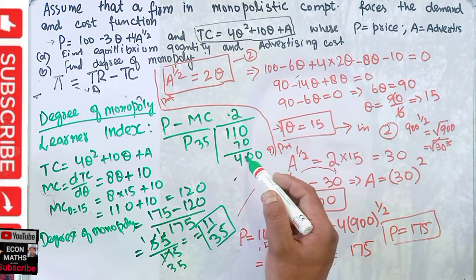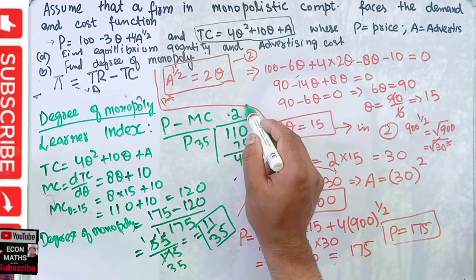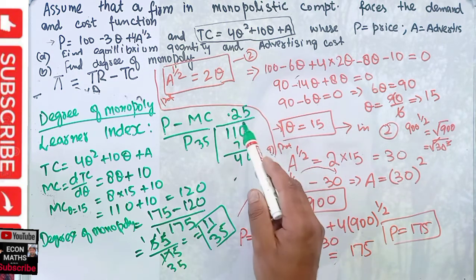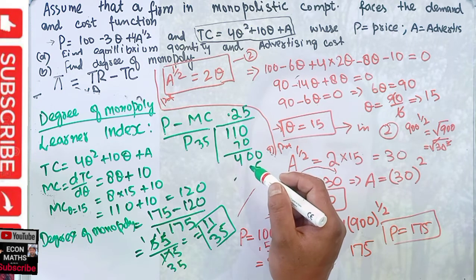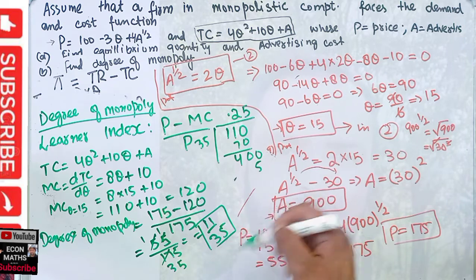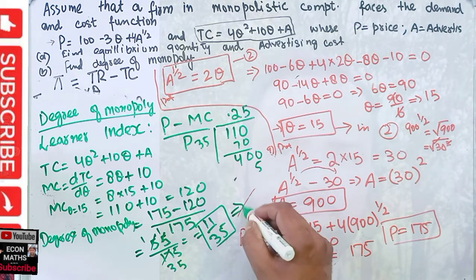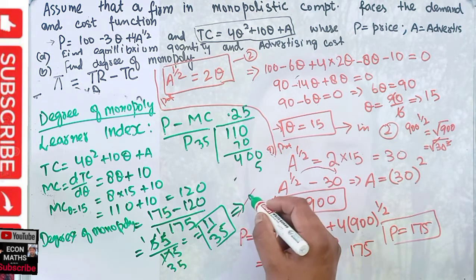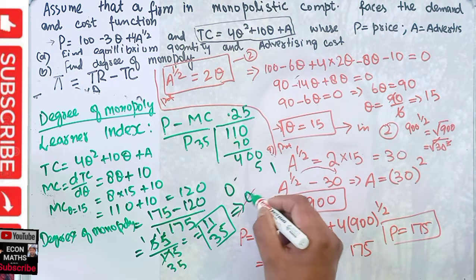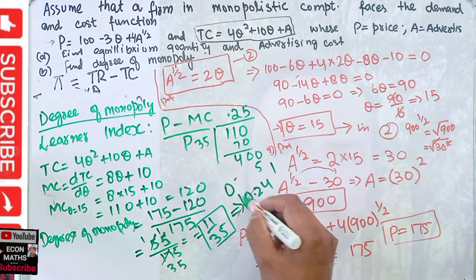I am not sure about the calculation, but when you calculate, you will get a value between 0 and 1. So let this be 0.24 or any number.